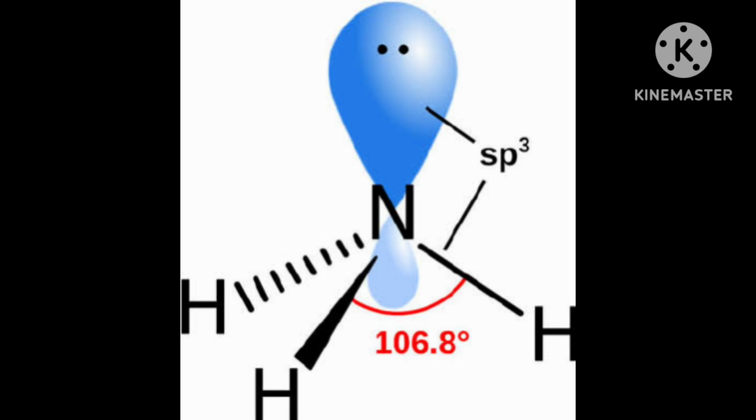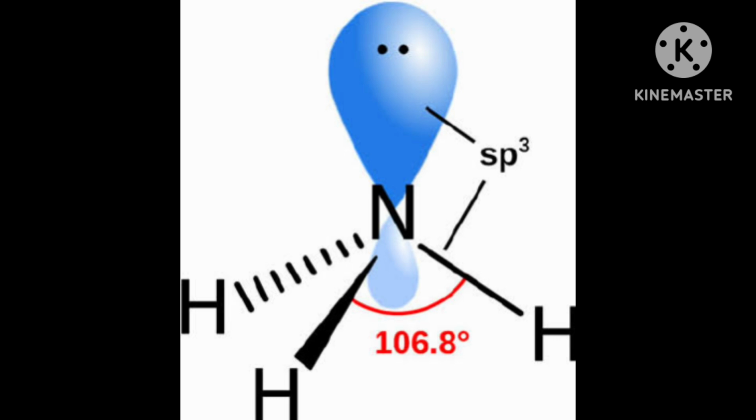With N, 3 oxygen are attached with single bonds. And the angle between this ONO is 130 degrees. All are not in a straight way. It is angular.